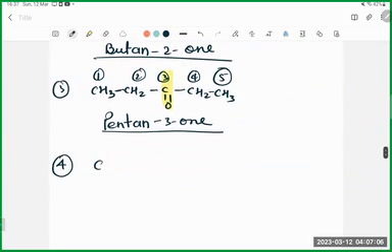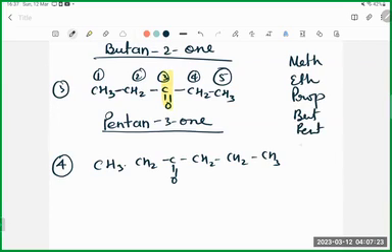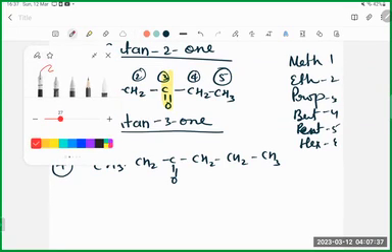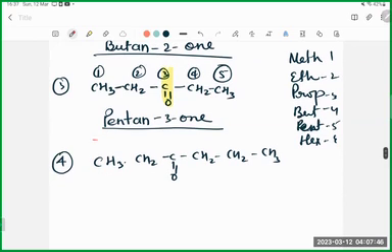One more question. CH3, CH2, C double bond O, CH2, CH2, CH3. So the meth, eth, prop, but line, read a little bit more by pent, hex. This is pent, hex. Okay? The 1 carbon, 2 carbon, 3 carbon, 4 carbon, 5 and 6. Now you go ahead, Hridaya. How do we do numbering? Left to right or right to left, Hridaya? Left to right. Exactly. Why did we go left to right?